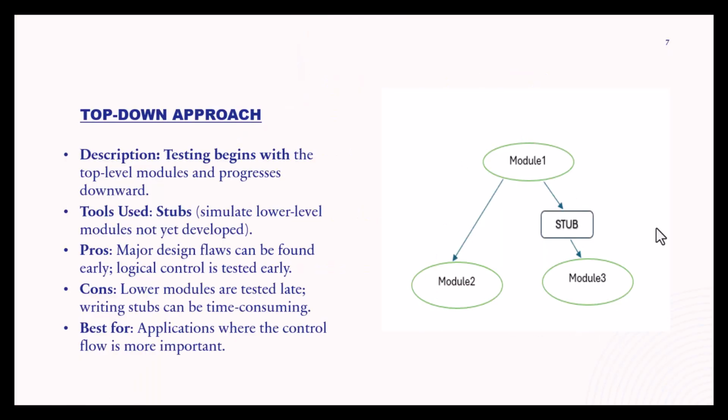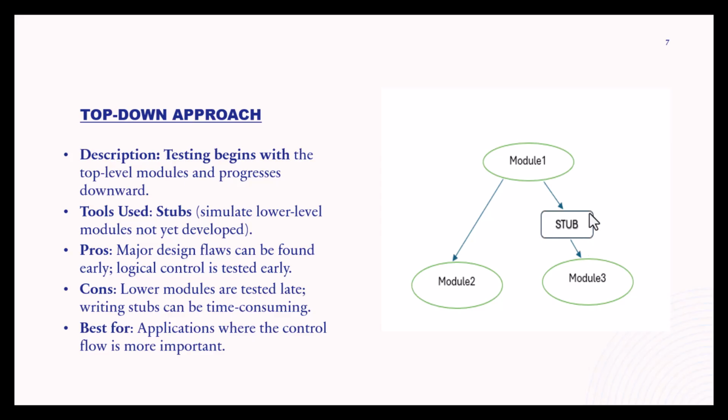Here I have given one diagram, representing how the top-down approach works. Suppose in a particular application, module 1 is developed, module 2 is developed, but module 3 is not developed. But we have to verify the integration testing of all three modules. In this case, we can make a stub module.